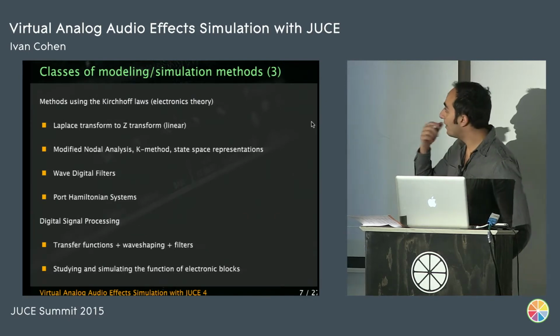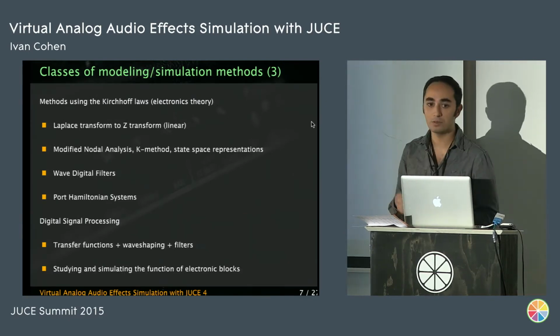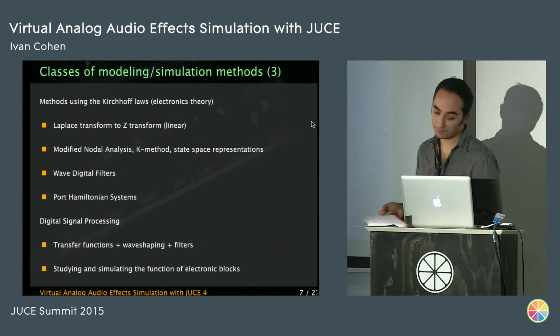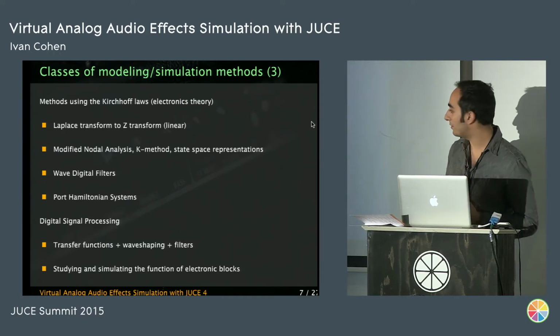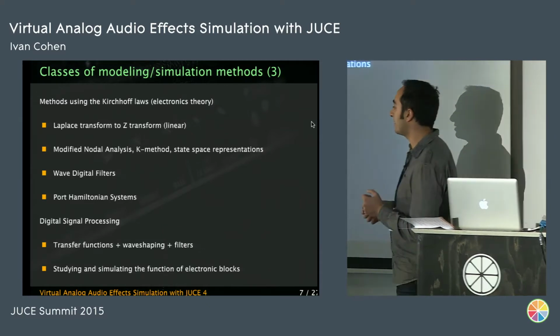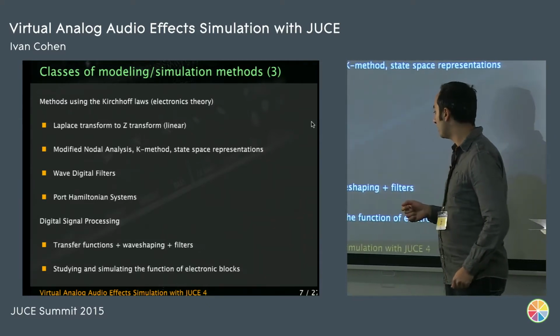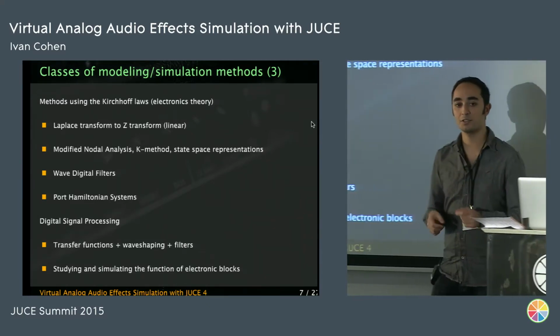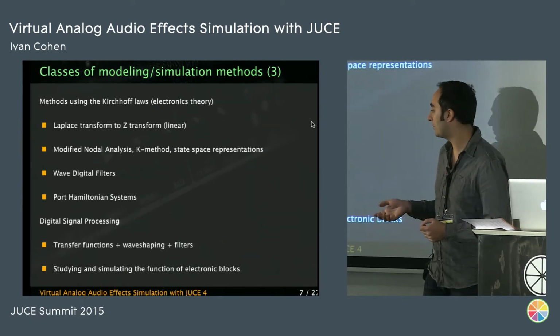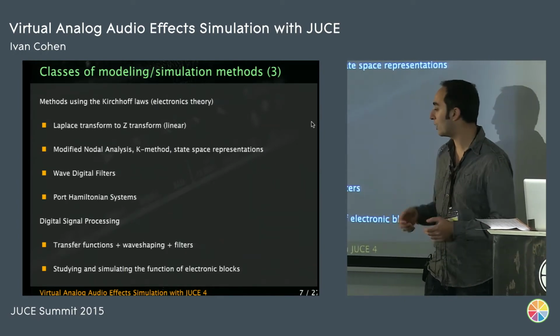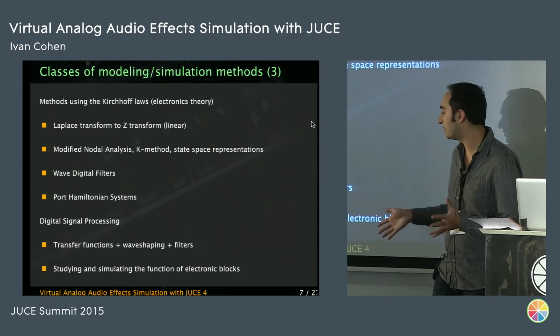And then we still have another way to categorize the different methods. We have what I call general digital signal processing methods, where you try to mimic all the functionalities of the system you want to model with a combination of transfer functions, filters, wave shaping.